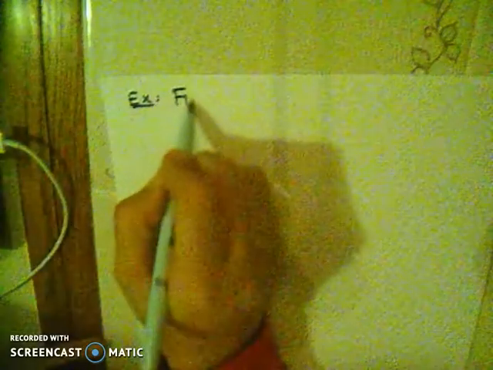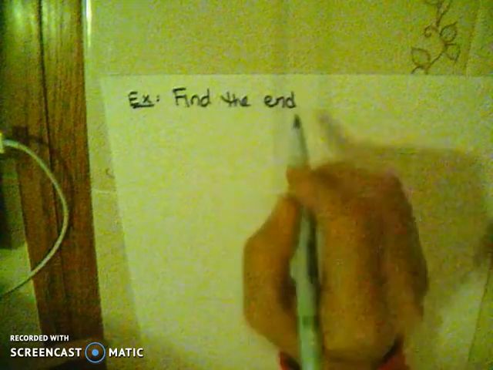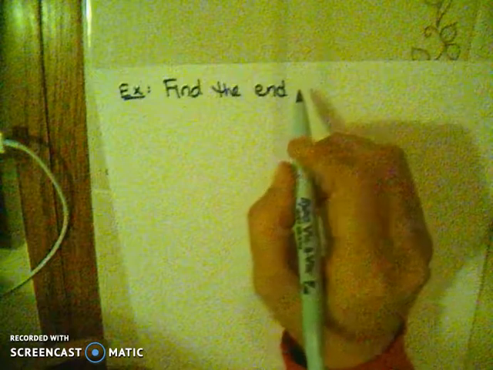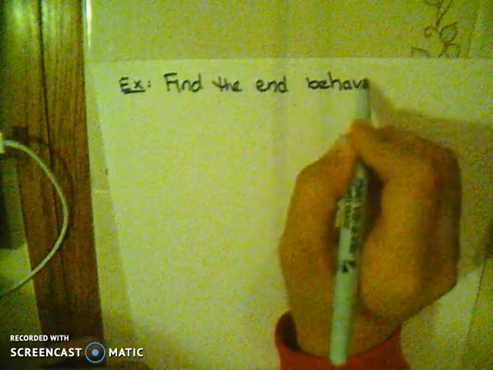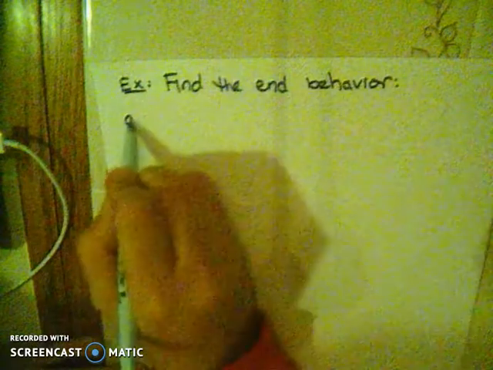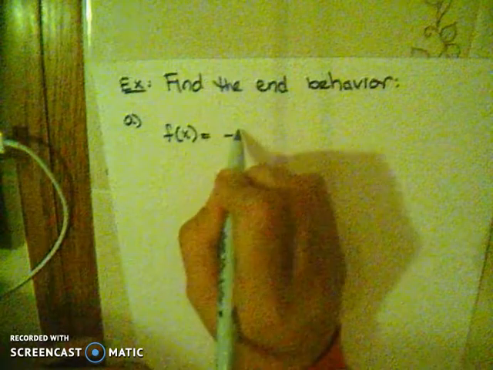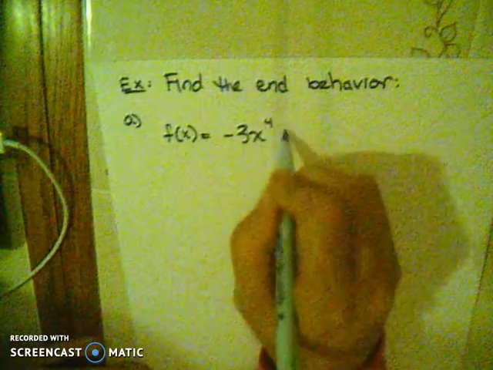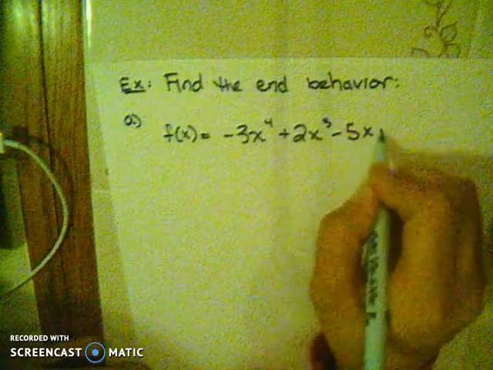So the directions are just going to be to find the end behavior, and I like to describe it just with a picture, just like the pictures we had in that table I just showed you. So if we have f of x equals negative 3x to the fourth plus 2x cubed minus 5x plus 9.